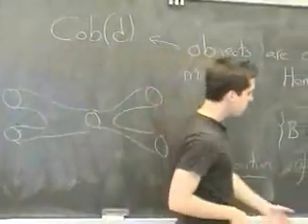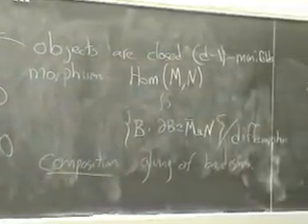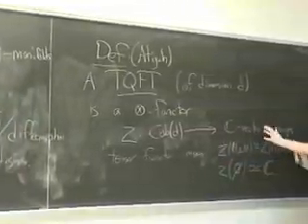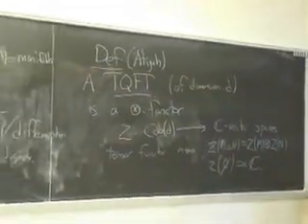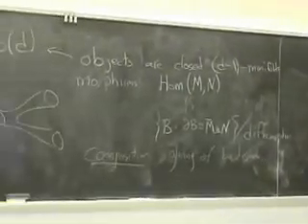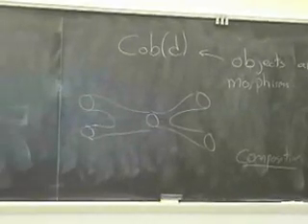All right, so just to get us all on the same page, I'd like to spell this out in more detail in the case d is equal to 2. So what does it mean to give a two-dimensional topological quantum field theory?